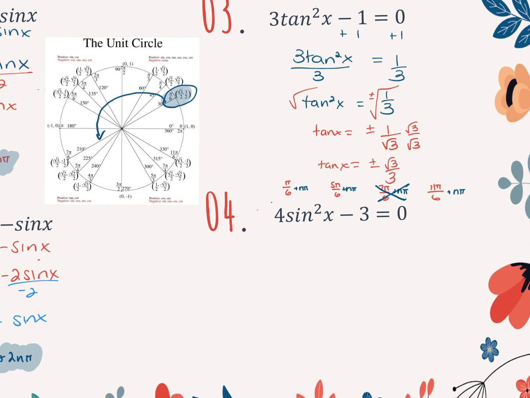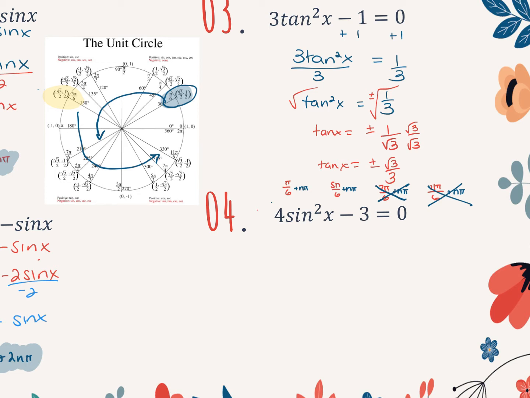So let me answer Madeline's question. When you say pi over 6 plus n pi, n pi is half the circle. By saying pi over 6 plus n pi, we're also saying 7 pi over 6. And then the same is going to happen to 5 pi over 6. 5 pi over 6 is over here, right? 5 pi over 6 plus n pi takes care of 11 pi over 6, so we don't need that one either.